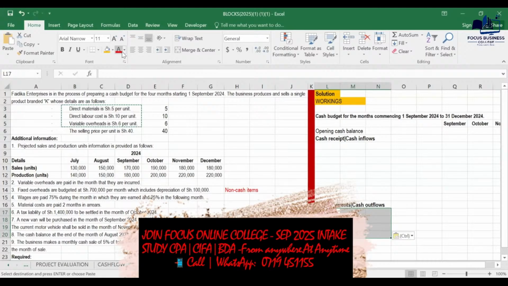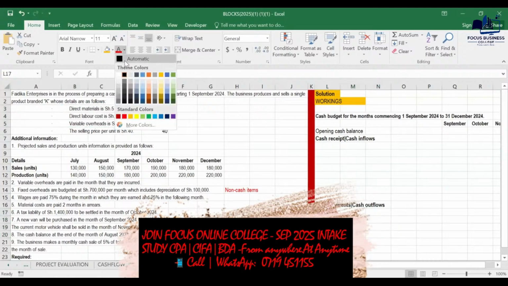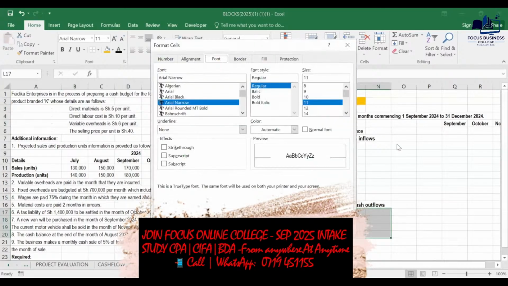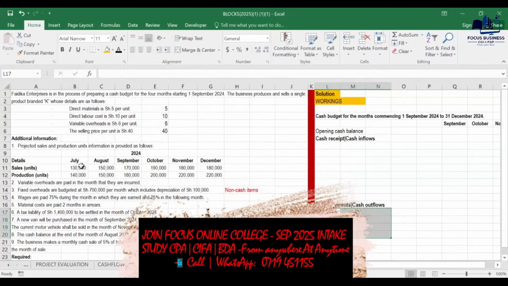What is happening here? I don't know why this one is not moving. Let me copy this one and see whether it will be able to move.